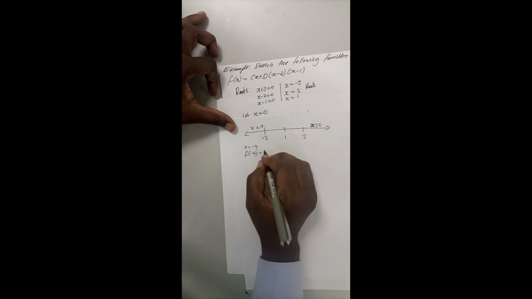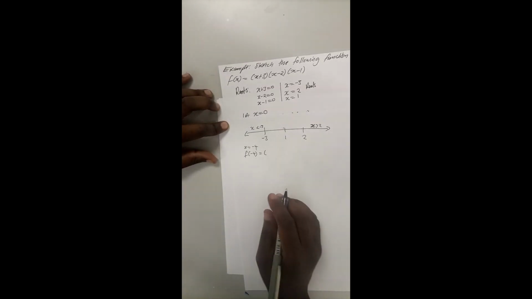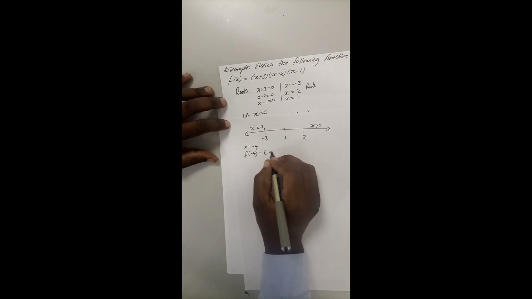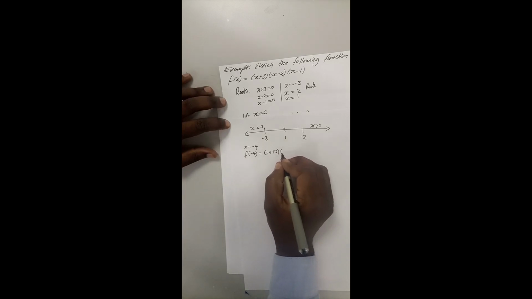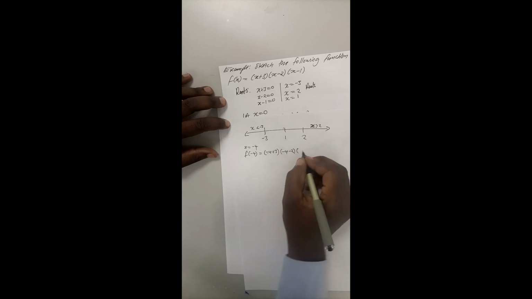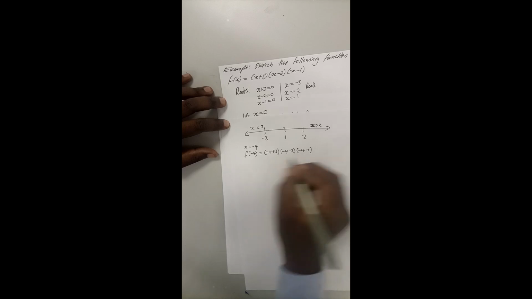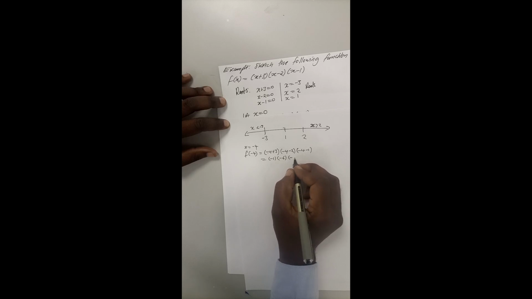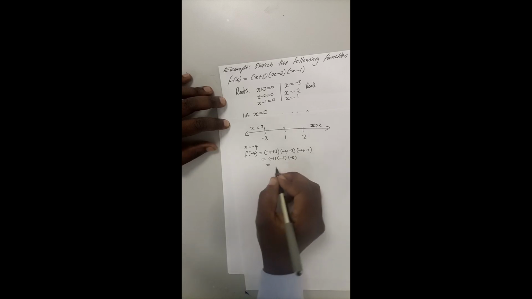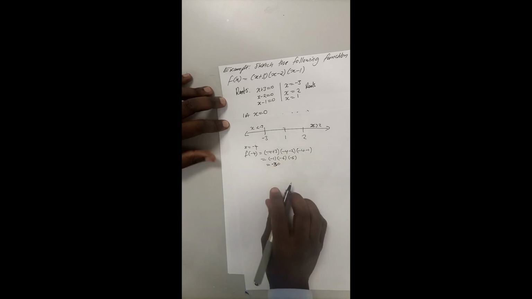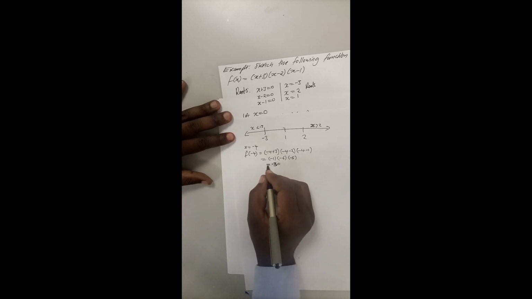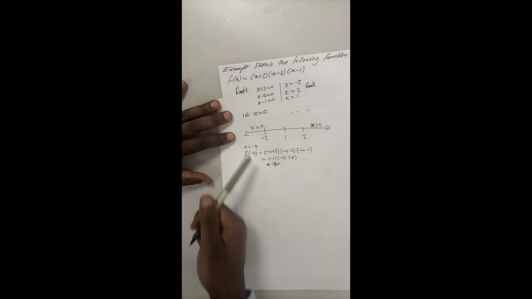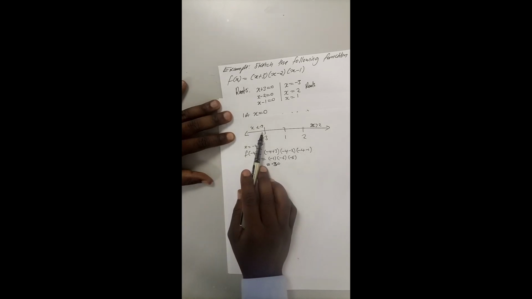You're going to have negative 4 plus 3, negative 4 minus 2, and negative 4 minus 1. Then from there, you're going to have negative 1 times negative 6 times negative 5. So this is going to give you minus 30.